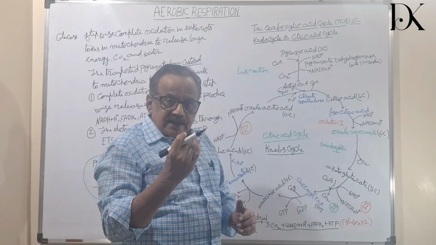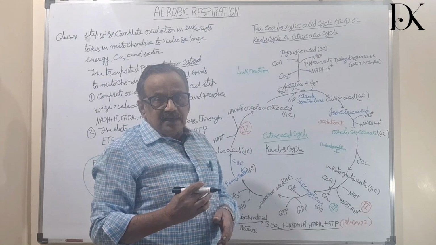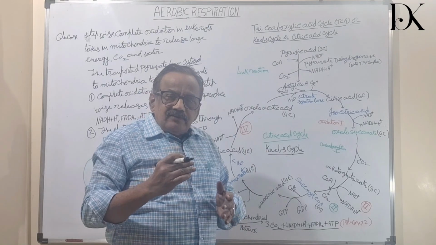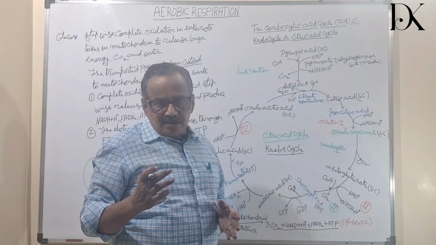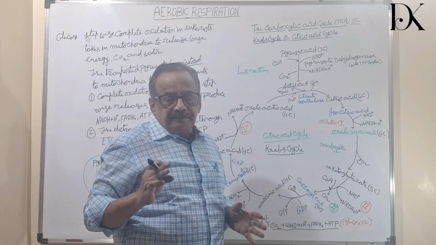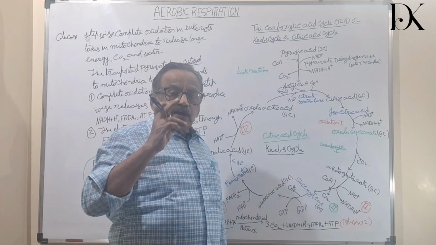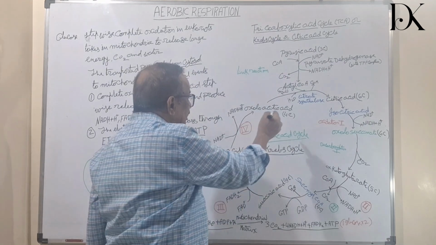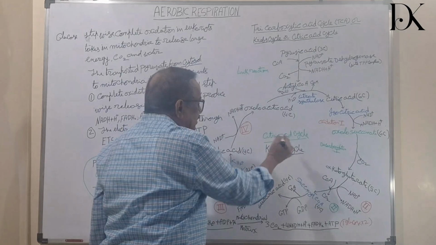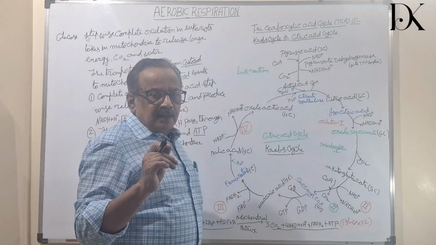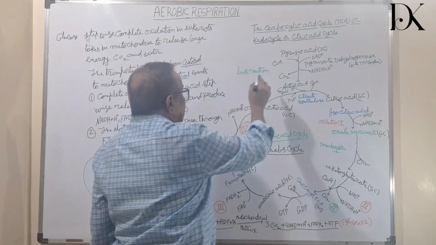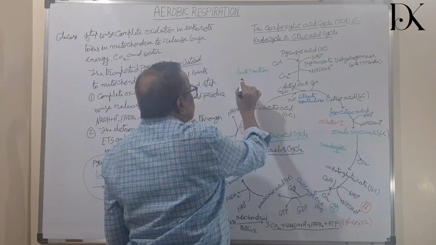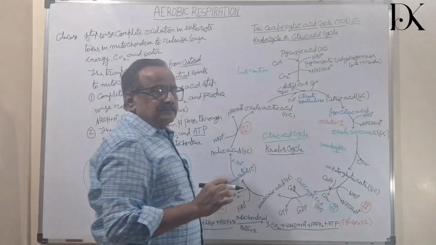Before entering the Krebs cycle, the pyruvic acid undergoes some modifications and releases something. Only then does the product enter the Krebs cycle or citric acid cycle. For that reason, we generally call it the link reaction.